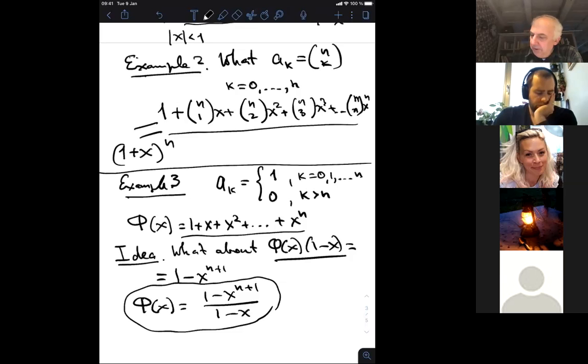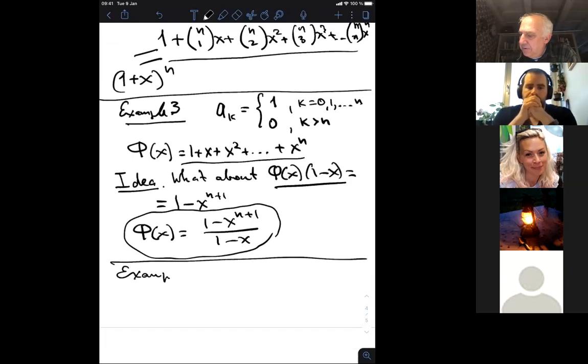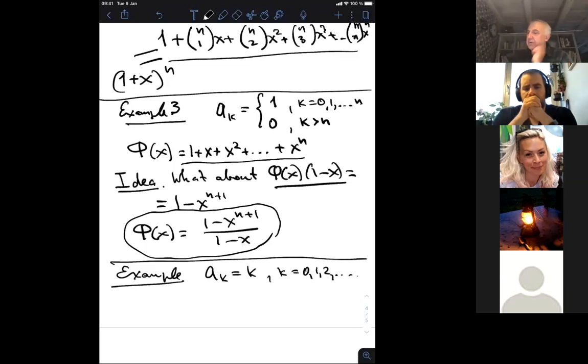Yes, what about the following thing now? And now we'll need to use our first example. What if I want a_k equal to k, where k equals 0 can be included, 1, 2, 3, 4, and so on?